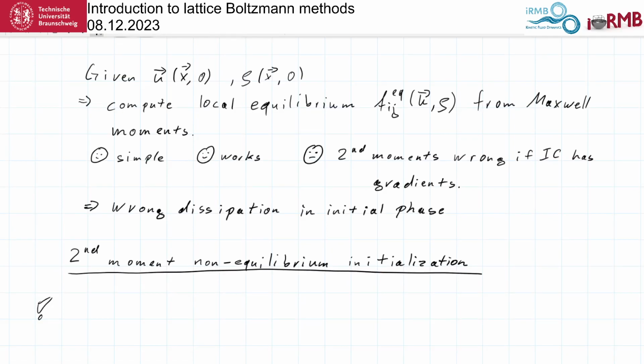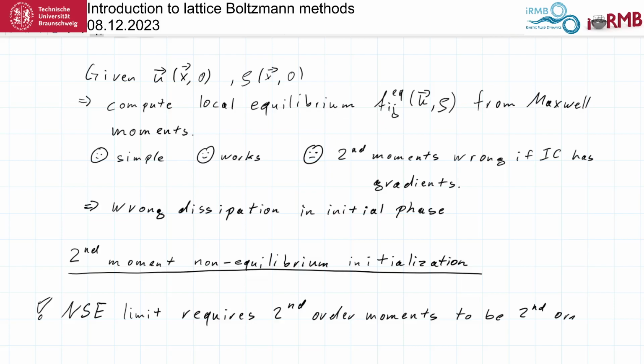So, what we want to do in principle, we want to solve the Navier-Stokes limit, and this requires the second order moments to be second order consistent in the smallness parameter epsilon.